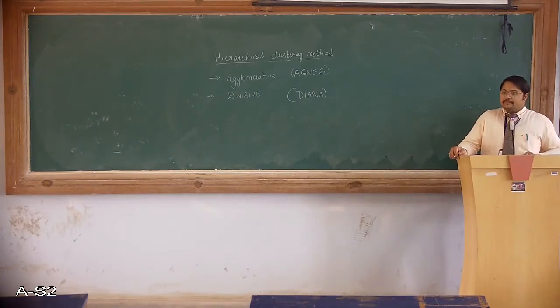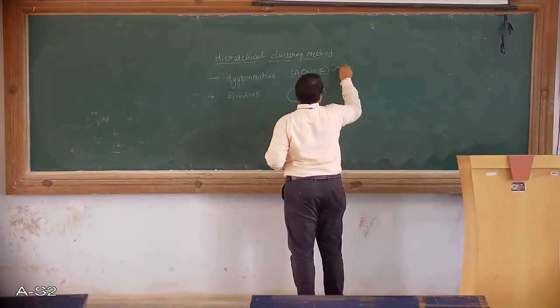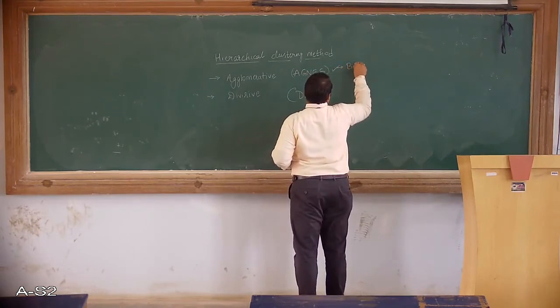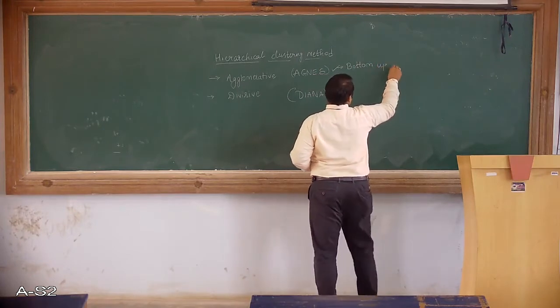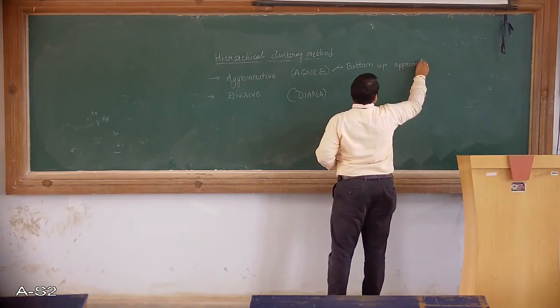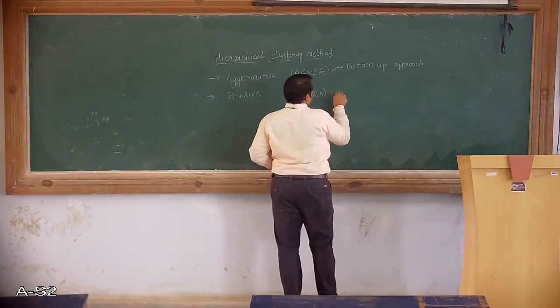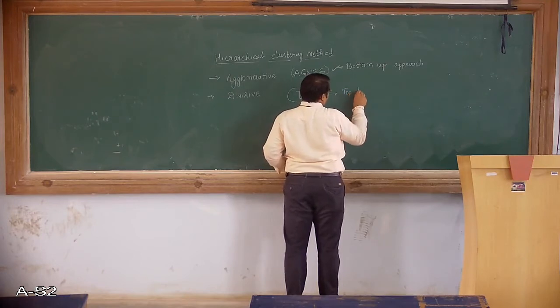Agglomerative clustering is a bottom up approach, whereas Diana or divisive clustering is a top down approach.